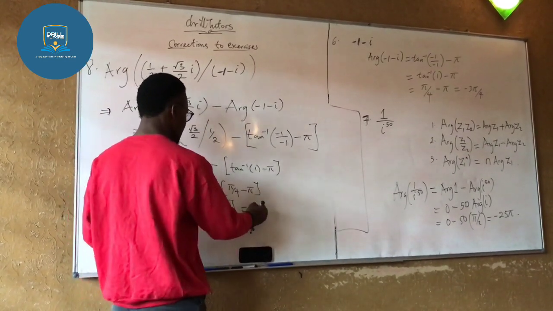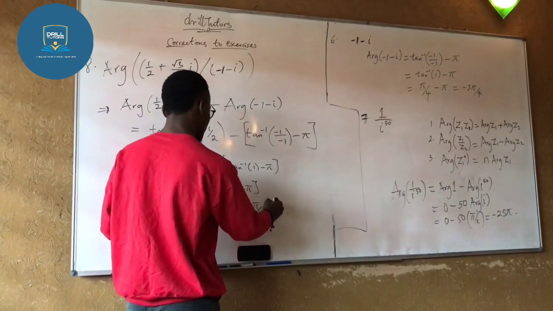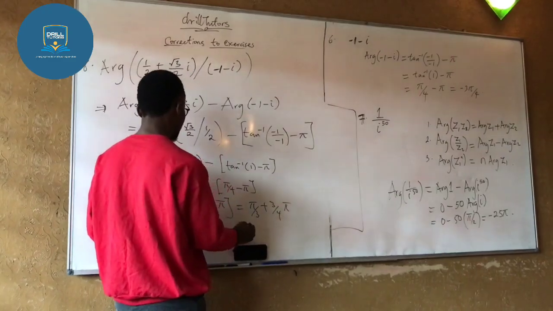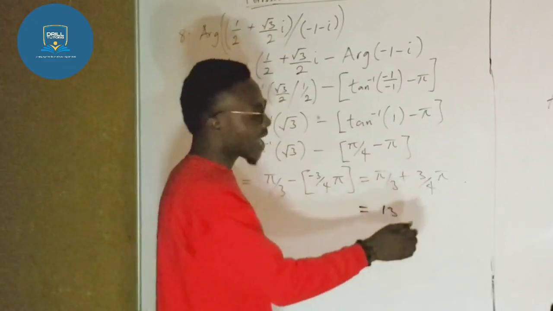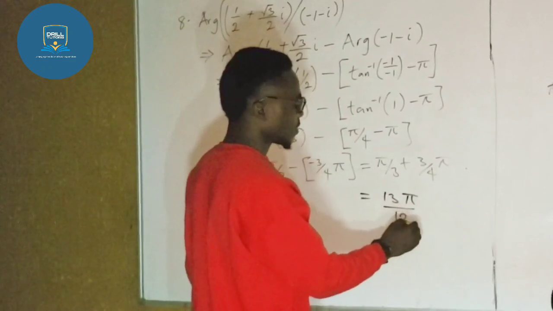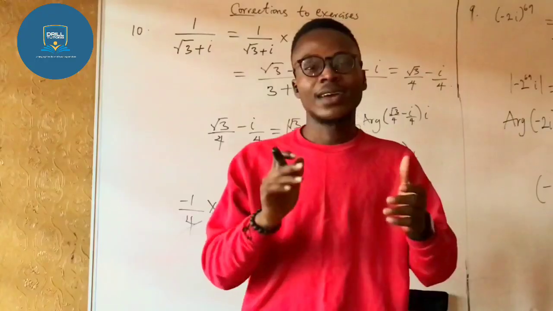So this is pi over 3 plus 3 over 4 pi. And of course, that is 4 plus 9, 13 pi over 12. And that is the answer.